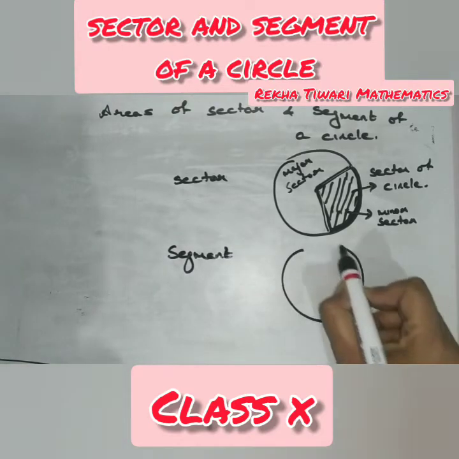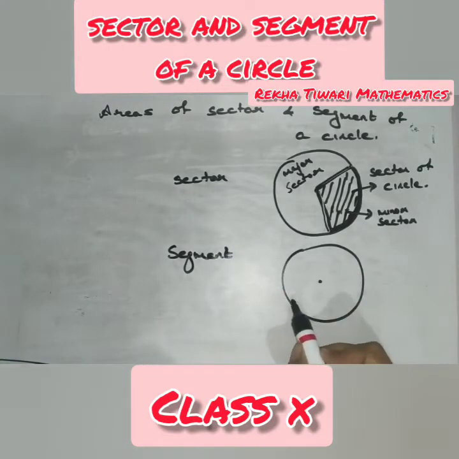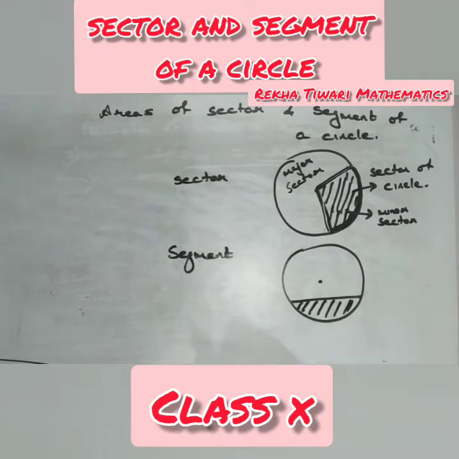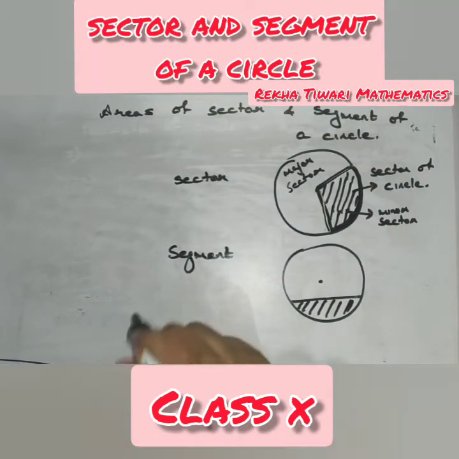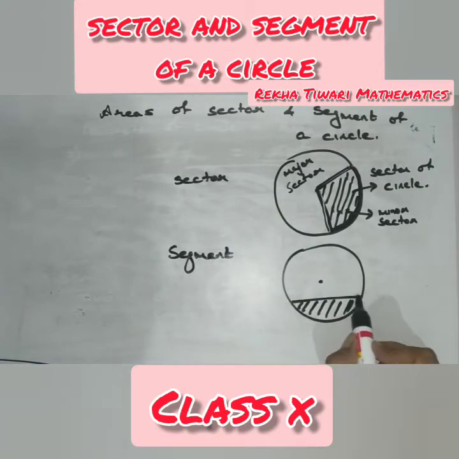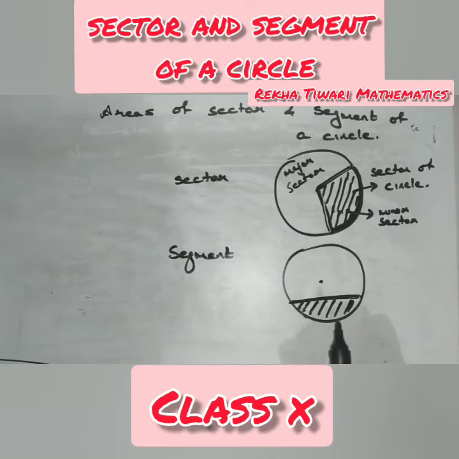Segment is the region bounded between chord and arc. What is chord? Chord is the line segment joining the circumference at 2 points. So this is the chord of the circle. And the region between chord and arc is called the segment of the circle.